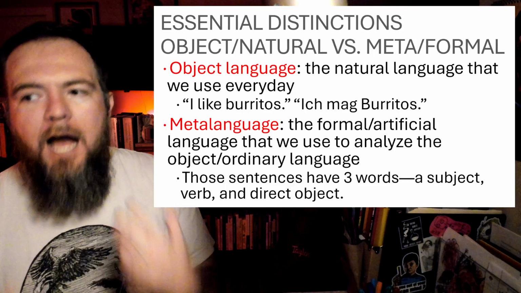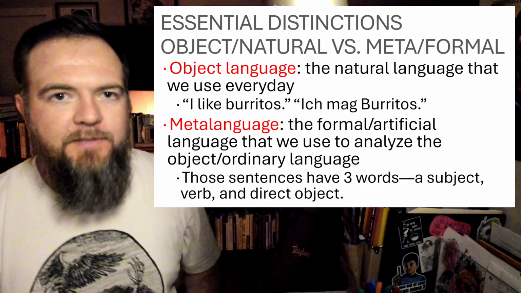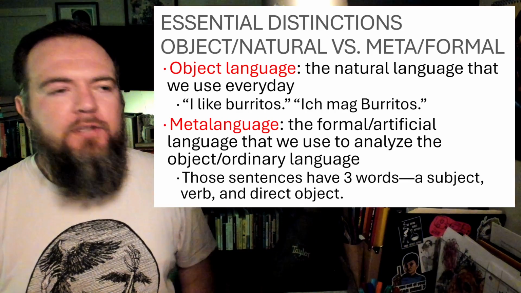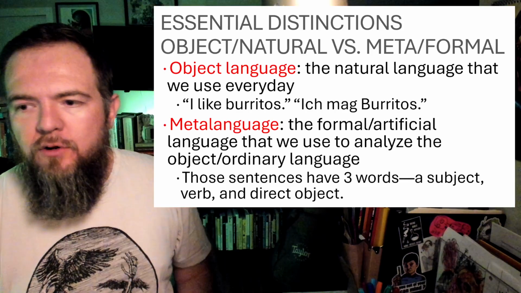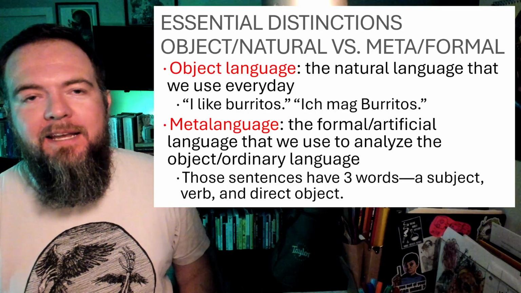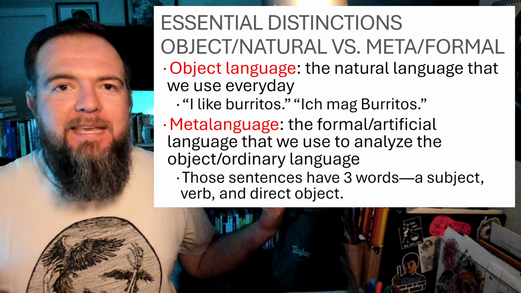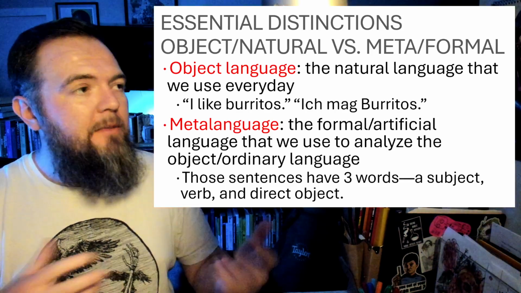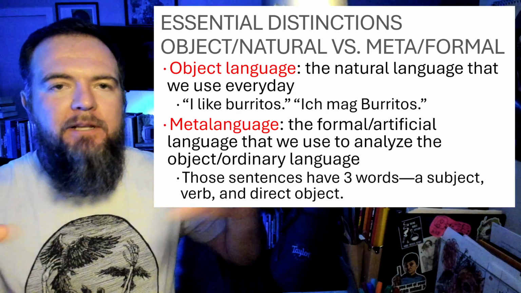Okay, so the object language, or sometimes the natural language, is just what we use every day. So if you're speaking English, or Spanish, or German, or Vietnamese, that is an example of a natural language. The way that people talk with each other, that is typically just the object language.